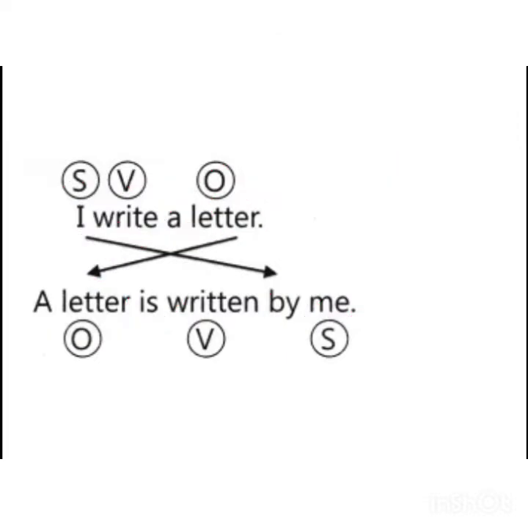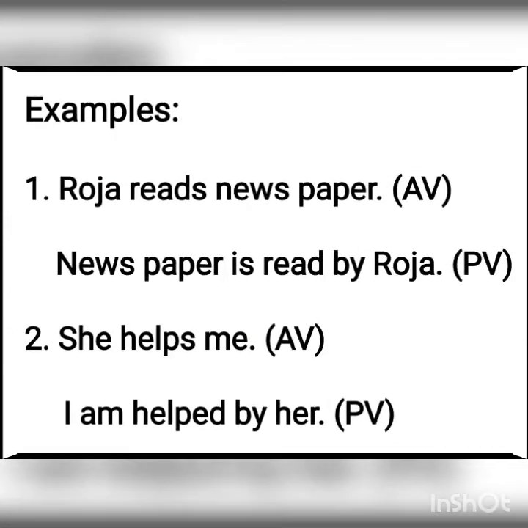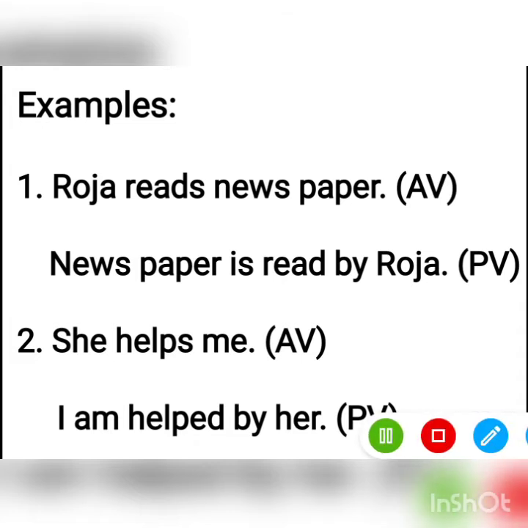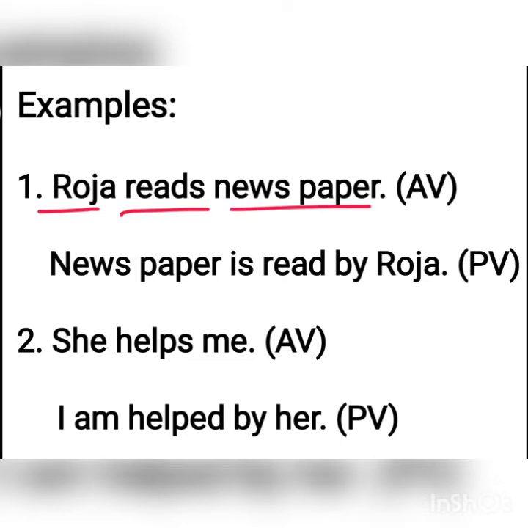Let's see some more examples. See the first sentence, Roja reads newspaper. This is active voice. Roja is the subject, reads is the verb, newspaper is the object. When we convert this active voice into the passive voice, the object becomes the subject of the passive voice.